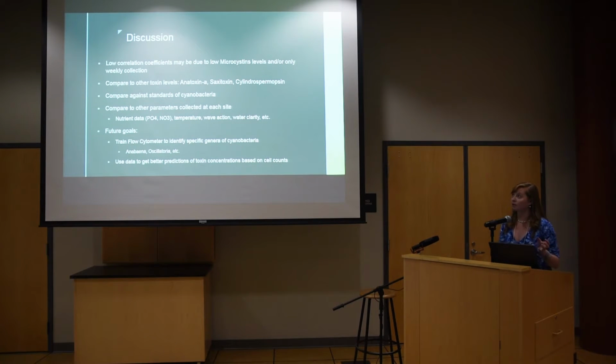I combined Anabaena species with microcystis, and it did not look any different. I was not able to find a density that was significantly different than the other. So that's something that I'm going to work on this year, trying to run different types of cyanobacteria through there and see if I can get a better handle on splitting those genera apart, and hopefully that will give us a better ability with our cell counts if I can get us there.